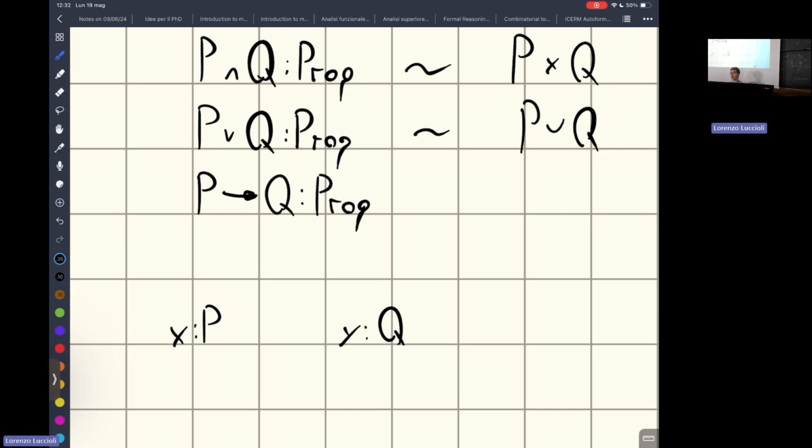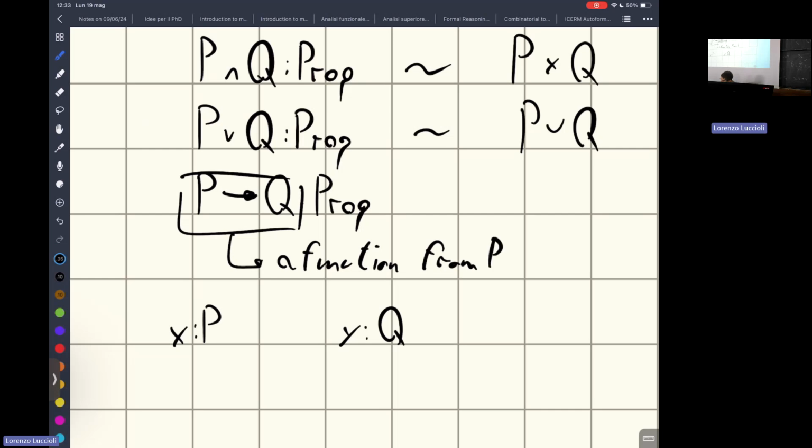It's just a function that takes an element from P and gives you back an element from Q. So this implication here is a function from P to Q. And that's part of the reason why functions are really primitive objects in type theory.